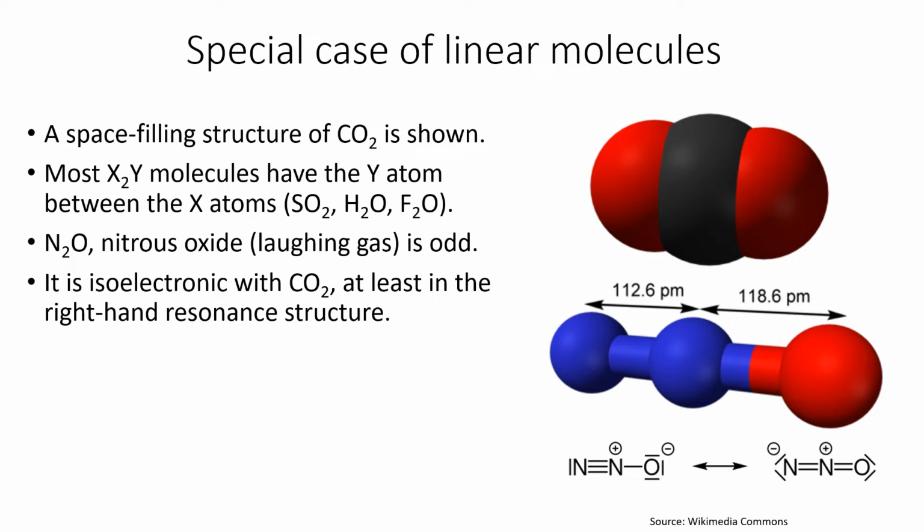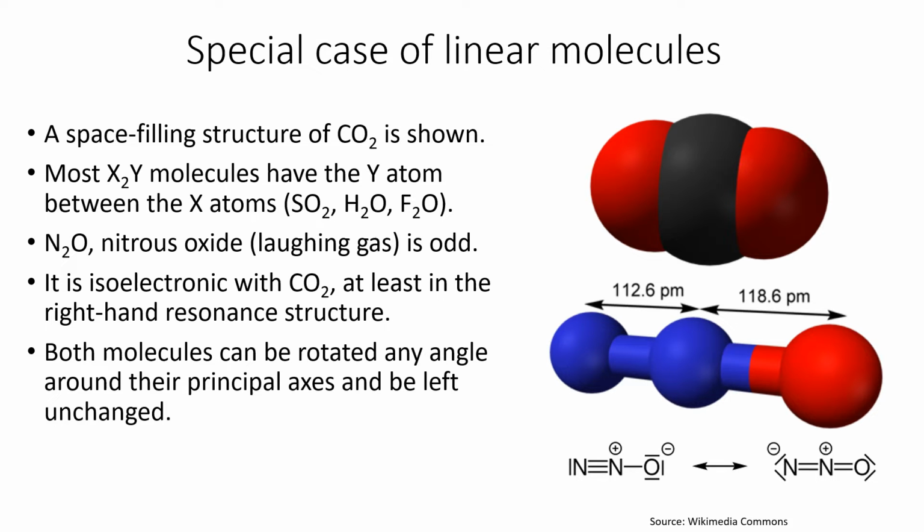So that central N, which has got the plus on, having lost one of its 5 valence electrons, that gives it a carbon structure, 4 electrons in its outer shell, and likewise the nitrogen on the left, having gained an electron from the other nitrogen, now has 6 electrons in the outer shell, a bit like oxygen, hence this kind of isoelectronic relationship.